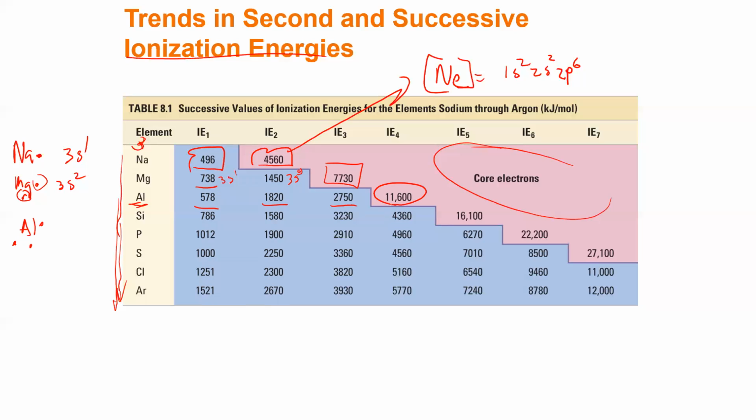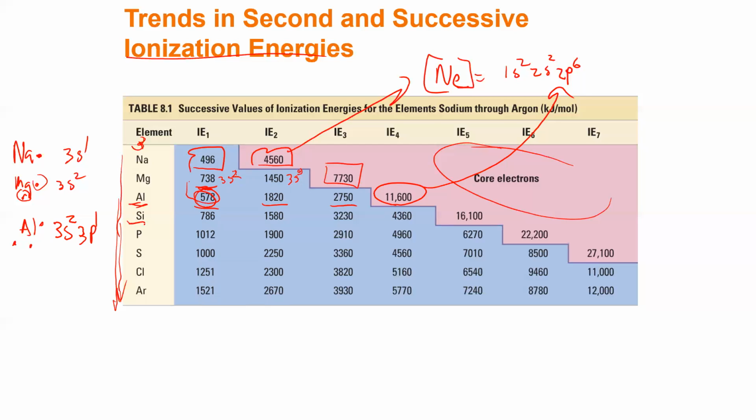Because now you're getting into that 2p6 electron, because this is a 3s2, 3p1. And we can even see that with aluminum there's a little inconsistency here. Removing that 3p1 is actually easier than removing the 3s2 for magnesium.